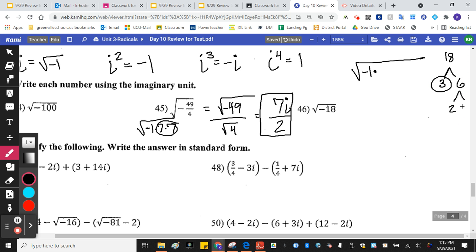You can do 9 and 2. So no matter which way you break it up, you're going to have 2 3s and a 2. So if you use 3 and 6 or 9 and 2, you're going to get to 2 times 3 times 3. Since this is square root, every 2, 1 comes out. If it's cube root, every 3, 1 comes out.